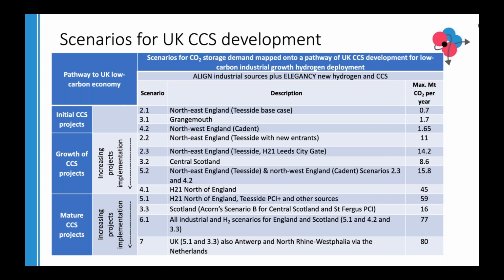And from this, we have estimated the amount of CO2 that could be captured per year, depending on the rate of growth, if you like, of the carbon capture networks and the rate of growth of hydrogen production to enable decarbonisation of these other sectors where it's quite hard to think of other technologies that could decarbonise, and I'm thinking there particularly of domestic spatial heating, for example.